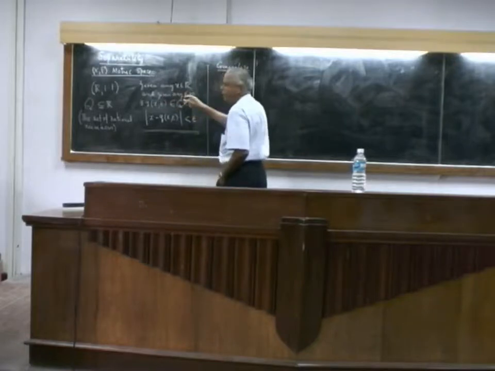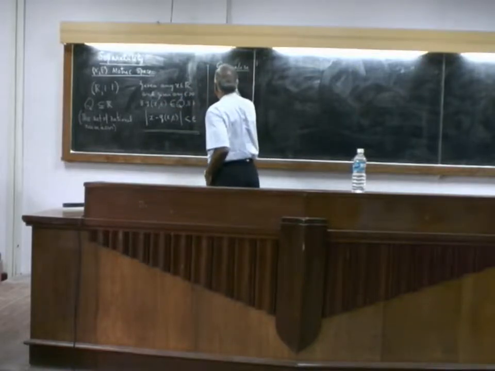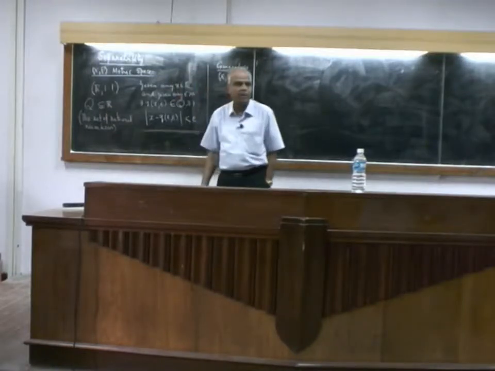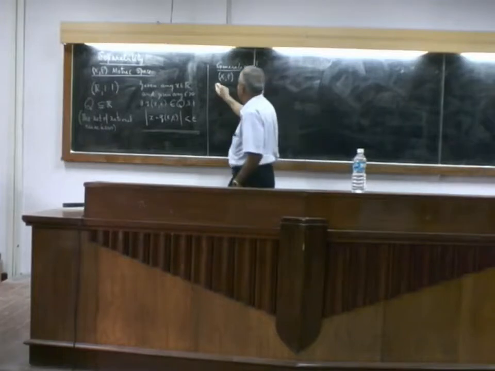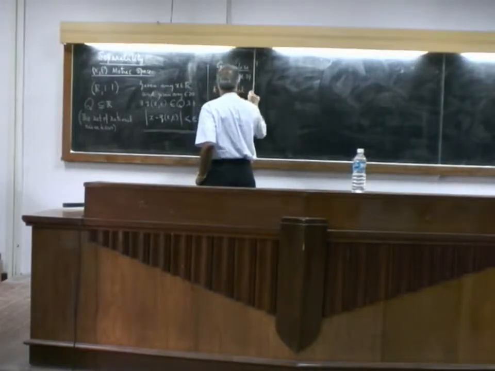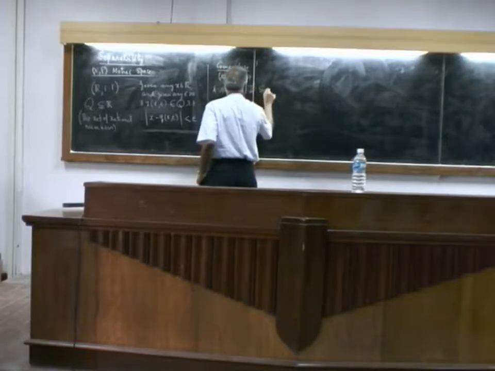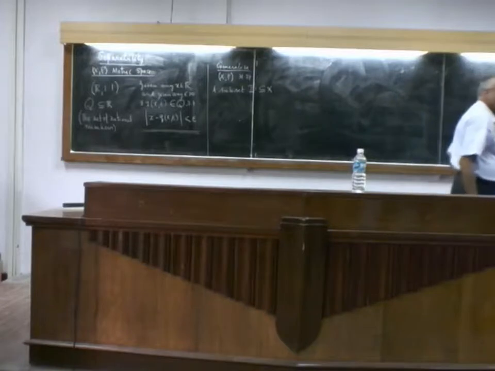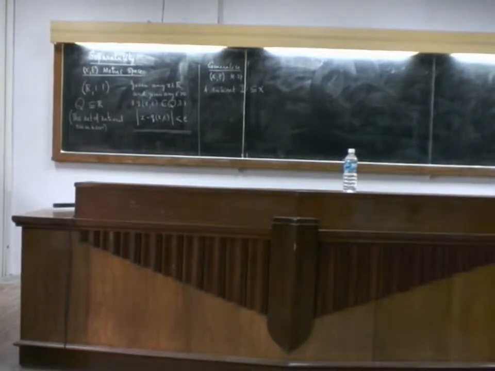We will now take, in place of the real numbers, a metric space. Now in place of Q, a subset of X, I will call it D of X. So the role of real numbers now changes to an abstract metric space.